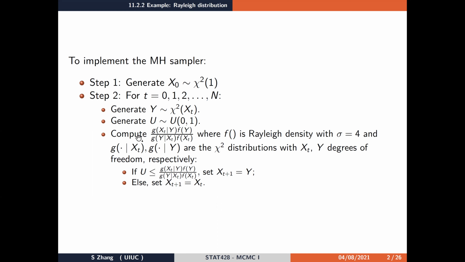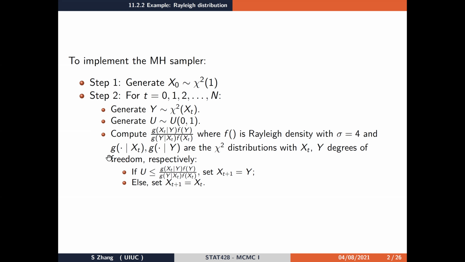We will then compute this ratio, g of xt given y times f(y) divided by g of y given xt times f(xt), where f in this ratio is the target density. So in this case, it's the Rayleigh density with sigma equals 4, evaluated at y and evaluated at xt.